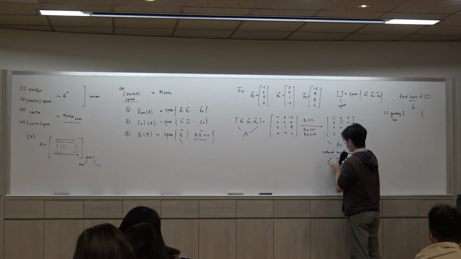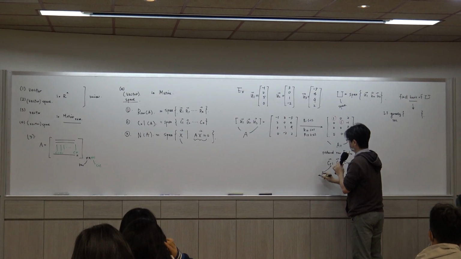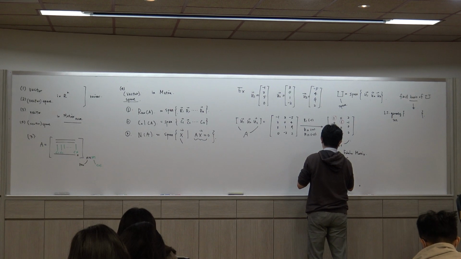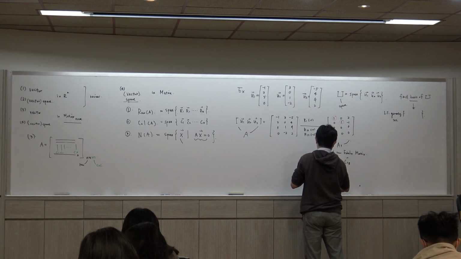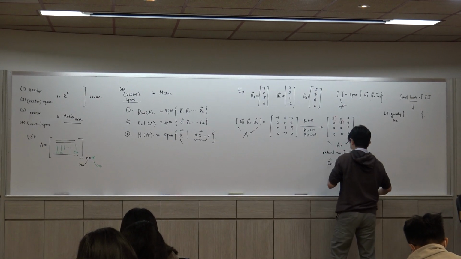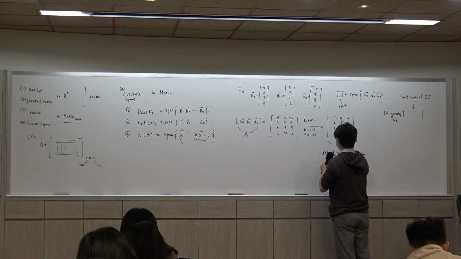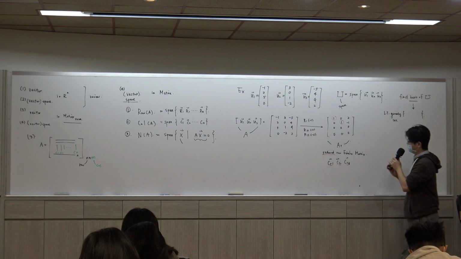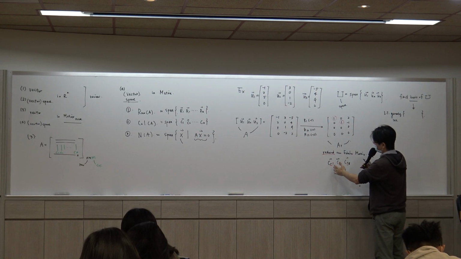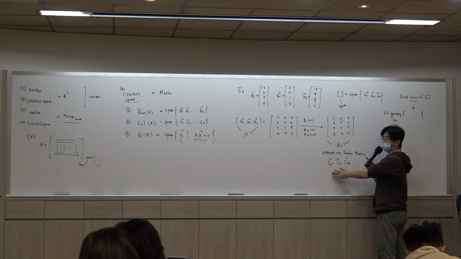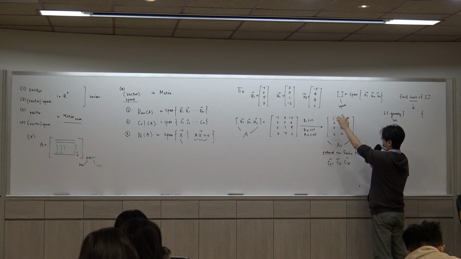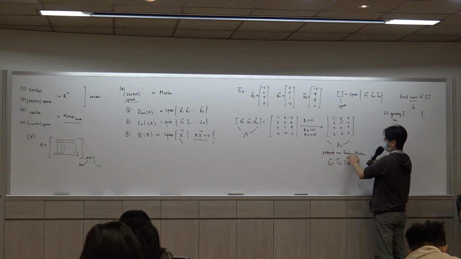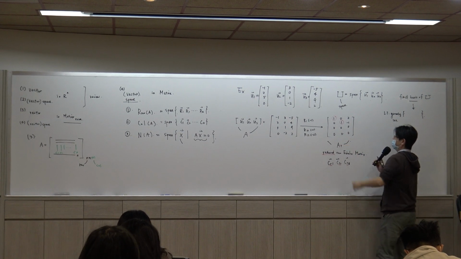So R, what does R mean? It means the vectors exist in the reduced row echelon matrix here.